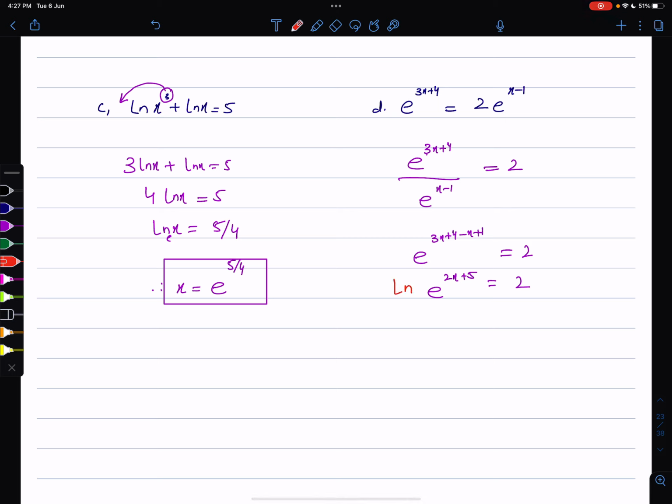Now taking natural log on both sides and using the power rule, we get 2x plus 5 times ln e equals ln 2. ln e is 1, so 2x plus 5 is equal to ln 2. The x value is going to be ln 2 minus 5 upon 2. That's the exact answer.